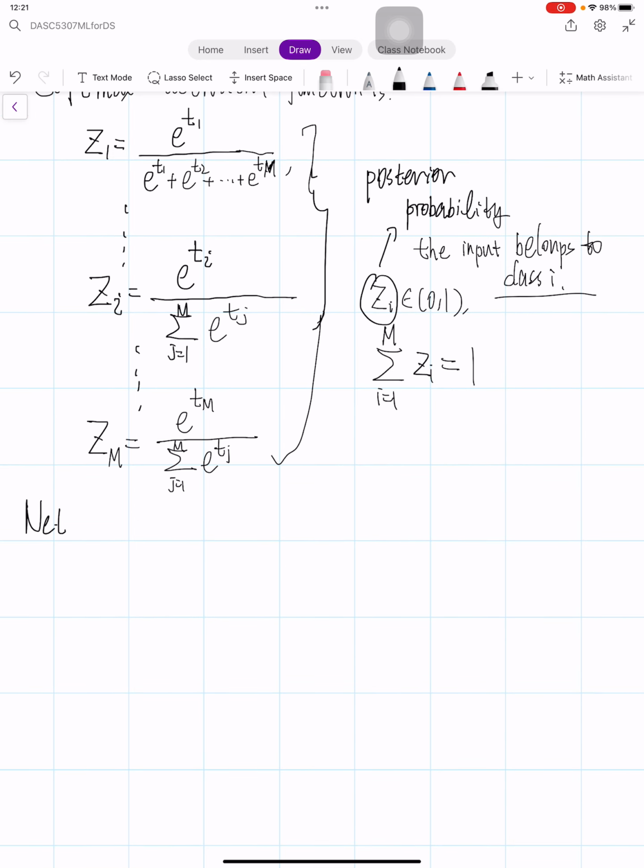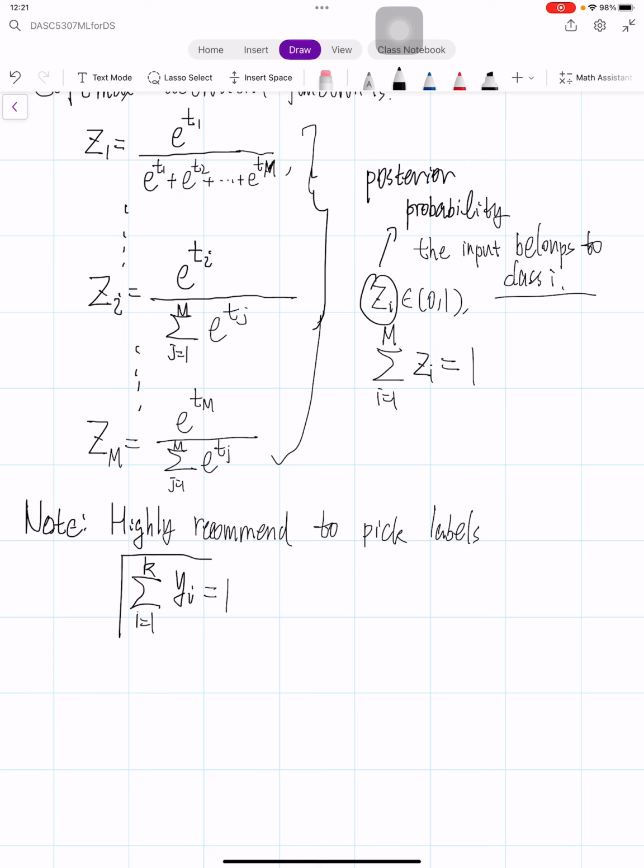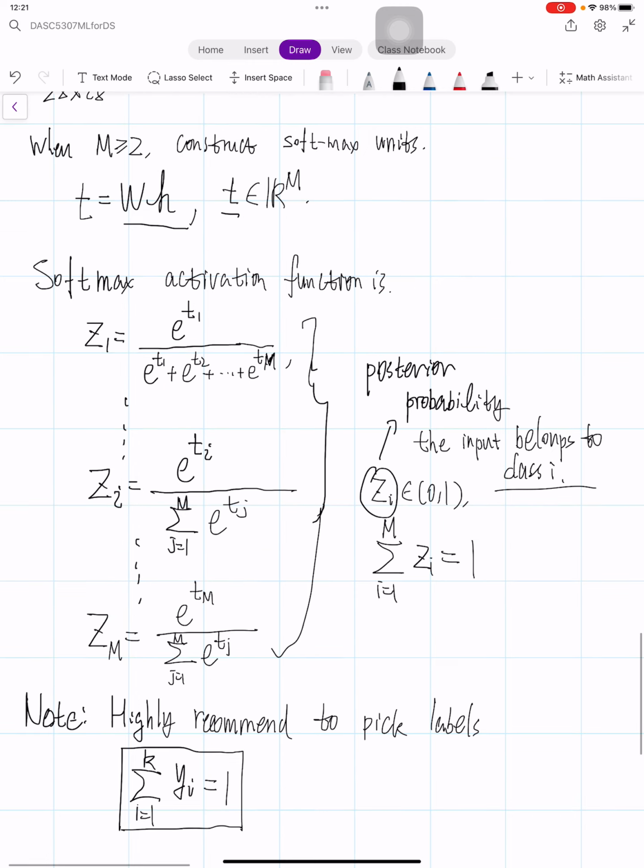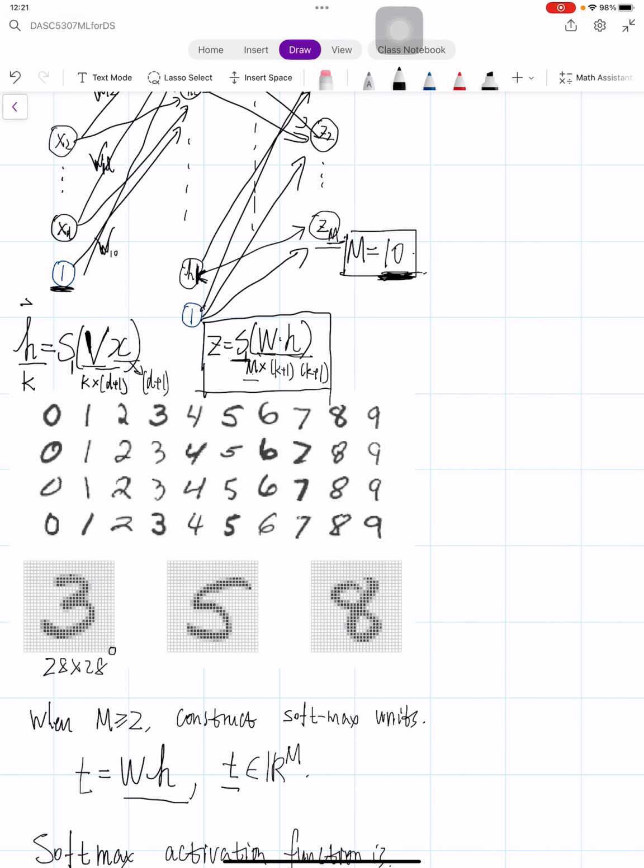Note that in general, for classification methods, we want to choose labels such that the summation of yi, i from 1 to k, equals 1. In a lot of cases, for example, the output here can be label 3, label 5, label 8.